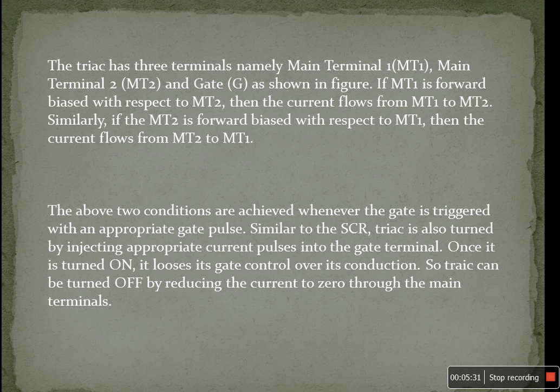The triac has three terminals, namely main terminal 1, main terminal 2 and the gate, as shown in the figure. If MT1 is forward biased with respect to main terminal 2, then the current flows from main terminal 1 to main terminal 2.